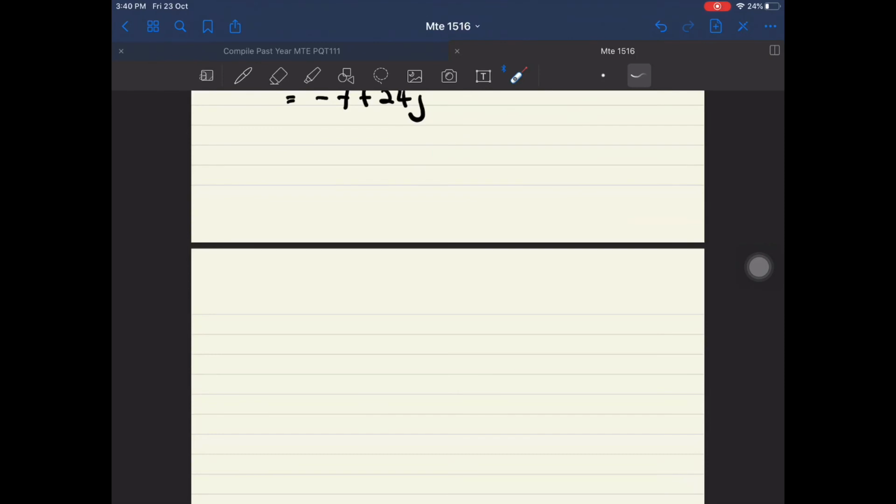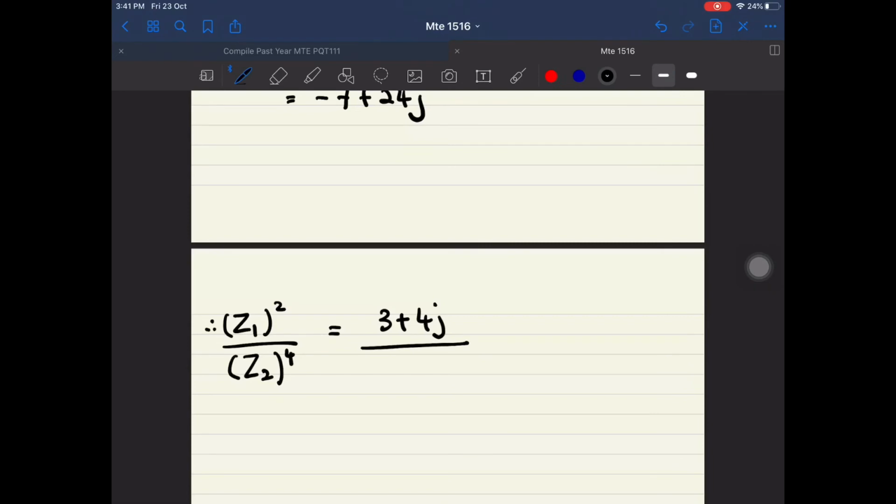So therefore z1 squared over z2 to the power of 4 is equals to 3 plus 4j over -7 plus 24j. But this is not yet in the general form.